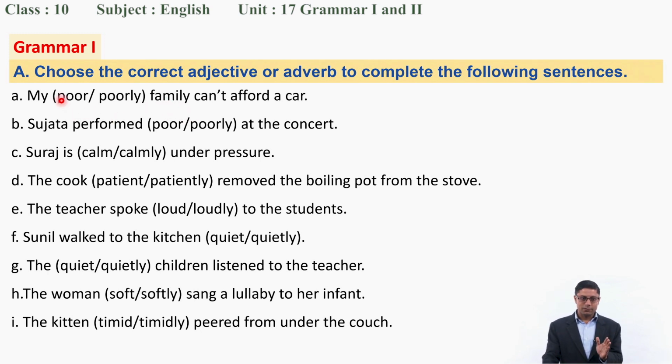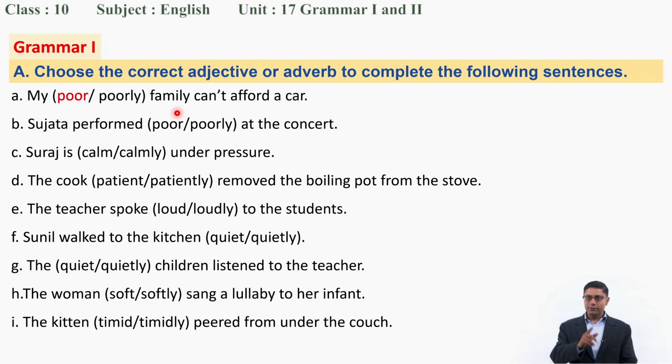We are going to use one of these words just before the word family, not before or after any verb. So the word is going to modify family, and family is a noun. That's why. What are we going to use here? Okay, that's good. Poor, you said. Poor is the right word here. Wonderful. We used an adjective here.